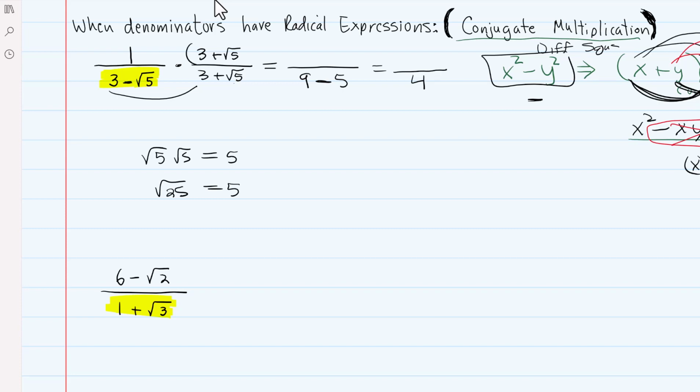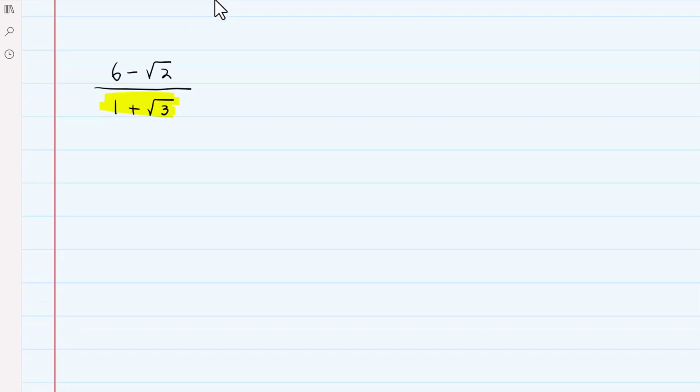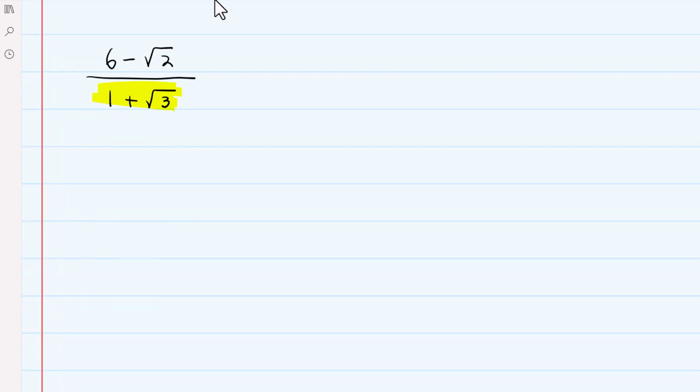Well, in the numerator, I'm going to put parentheses around this, and this is multiplication. Well, 1 times 3 is 3. 1 times root 5 is just root 5. So that's what the final result will be. Just like that. So 1 over 3 subtract root 5 is equivalent to this expression, 3 plus root 5 all over 4.